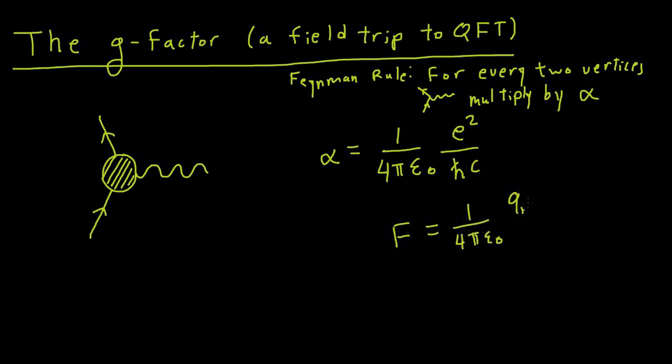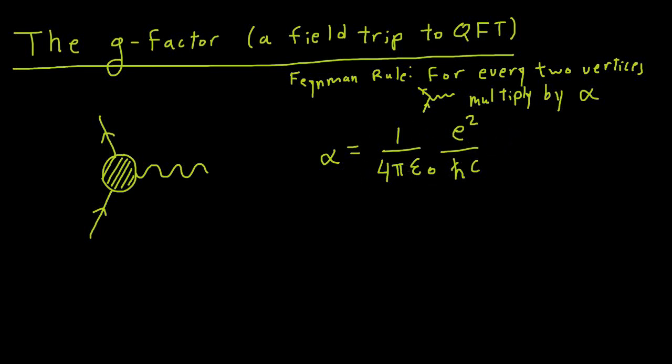So if you remember, the Coulomb force is 1 over 4 pi epsilon naught times the charge of the two things over r squared, right? This is the same 1 over 4 pi epsilon naught. e squared is the charge of the electron squared, and h bar is Planck's reduced constant, and c is the speed of light. Now, interestingly, this whole constant here is actually unitless.